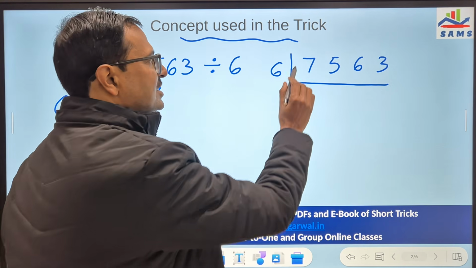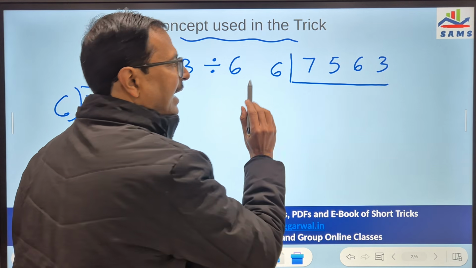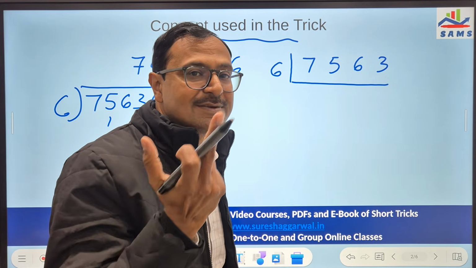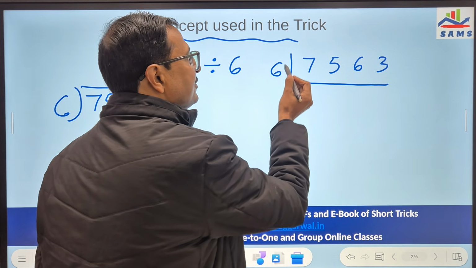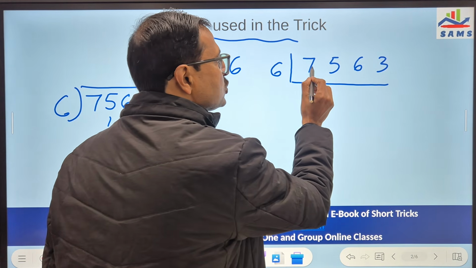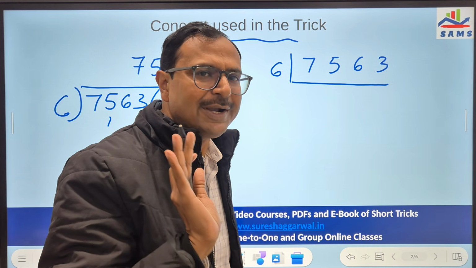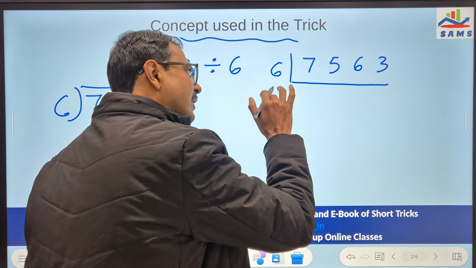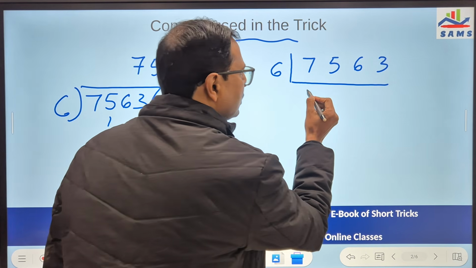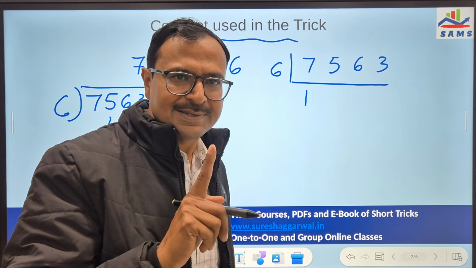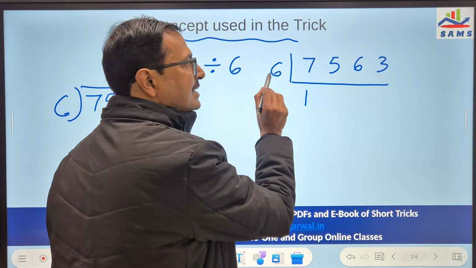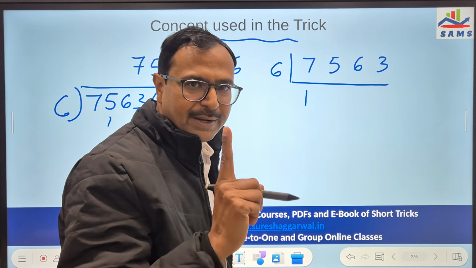Now first digit 7 is greater than 6, and when I start the division, what is the first step? I find a multiple of 6 which brings me very close to 7, right? That's what you do in traditional division, and that's what I am going to do here. 6 1 times is 6 and 7 minus 6 gives you 1.